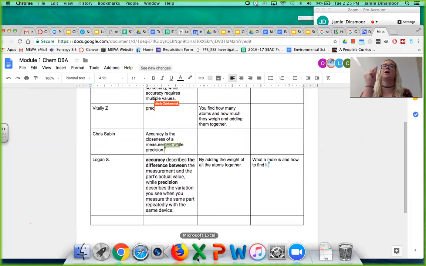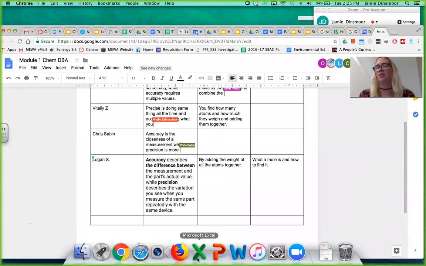Are you getting a dead center bullseye throw each time? Great, then you're being really accurate. Whereas you can still be precise without being accurate, because you might be throwing darts that are all going to the same area, but they're not near where you want to be, if that makes sense. But I find that to be a helpful way to think about it, is that you can be precise without being accurate, which is part of the flaw in science, honestly.